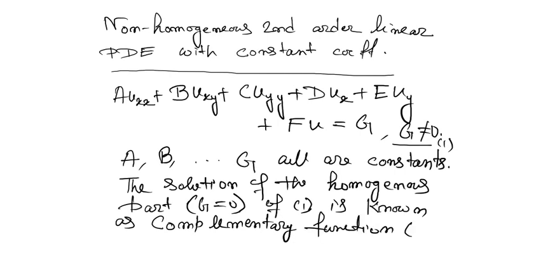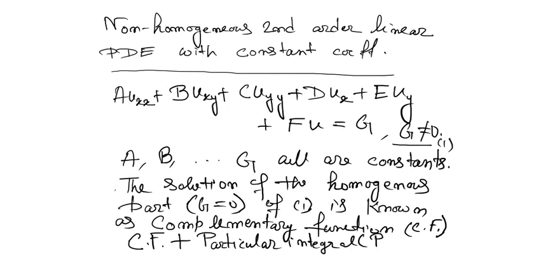In short, I will be writing it as c dot f dot, complementary function. Now the solution of the equation 1 will be complementary function plus particular integral. In short, I will write it as PI, and I will also be discussing how to find PI for a non-homogeneous second order PDE.